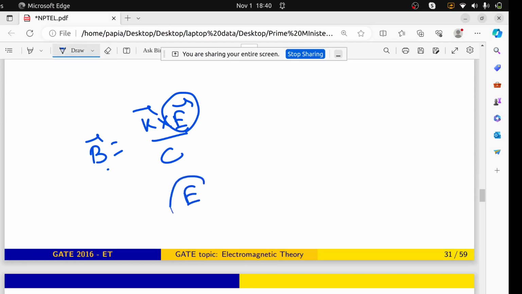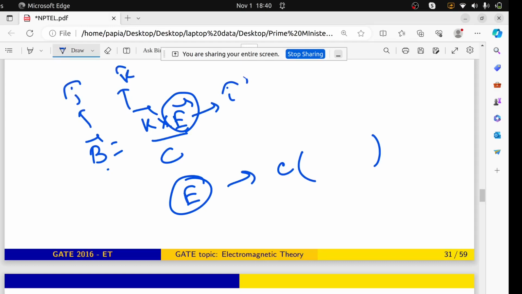So how to calculate the electric field? Obviously it is very simple: C will be in multiplication, because in that case it was dividing, right? Now you have to tell me, if it is I cap, K cap, J cap, and I want to get I cap, then how to calculate I cap?